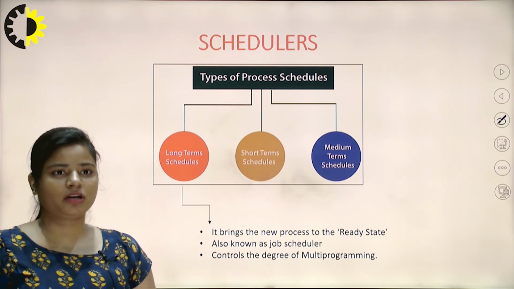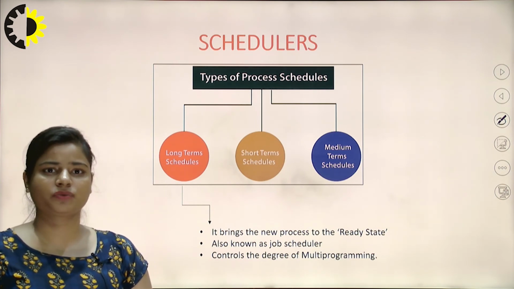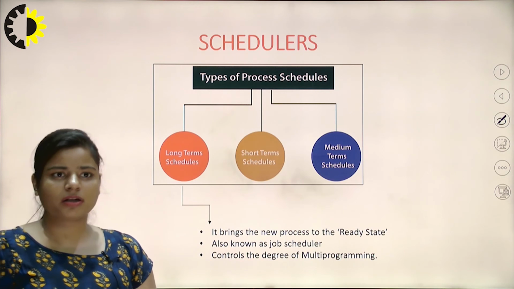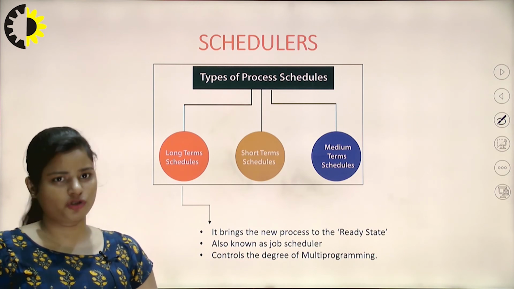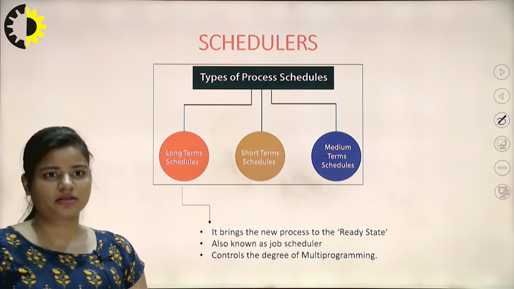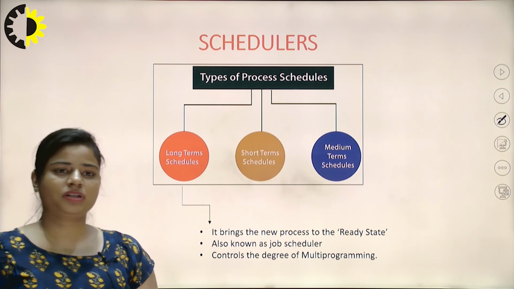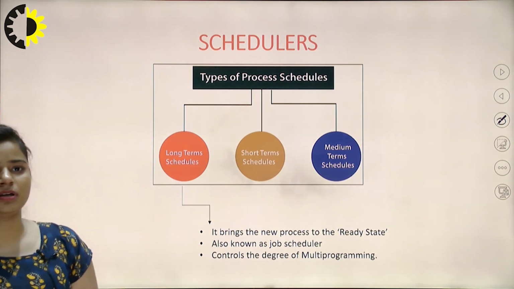First, we talk about the long-term scheduler. It brings the new process to the ready state, and is also known as the job scheduler. And last, the long-term scheduler controls the degree of multiprogramming. Okay, so these are the three basic points for the long-term scheduler.